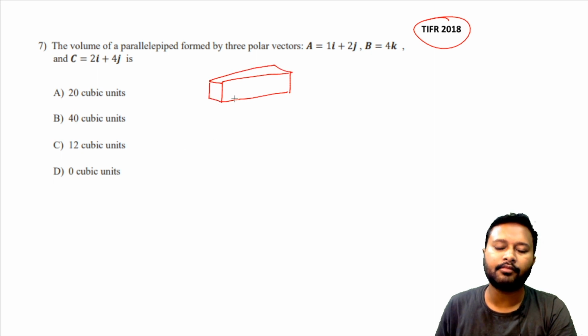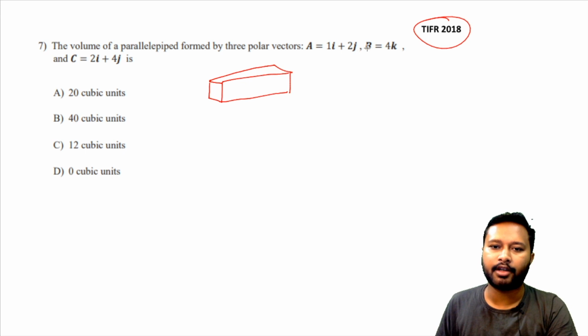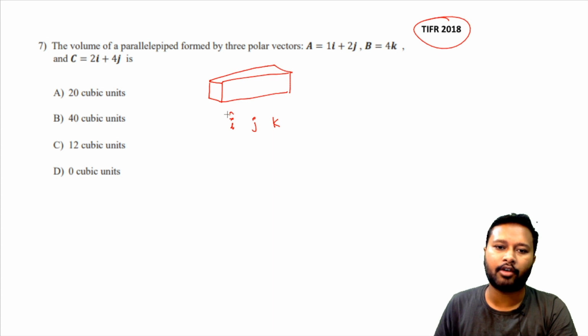In order to solve this, you need to know the basics of vectors, their products, dot product, cross product. Whenever you have i, j and k, these are called unit vectors. i is a unit vector along the x axis, j is a unit vector along the y axis, and k is a unit vector along the z axis.